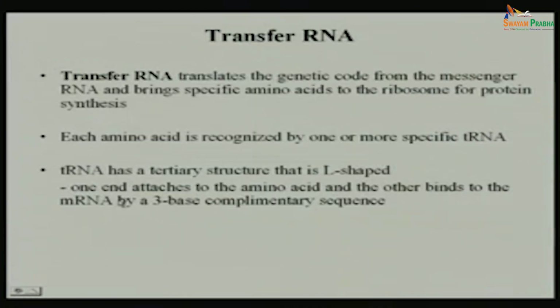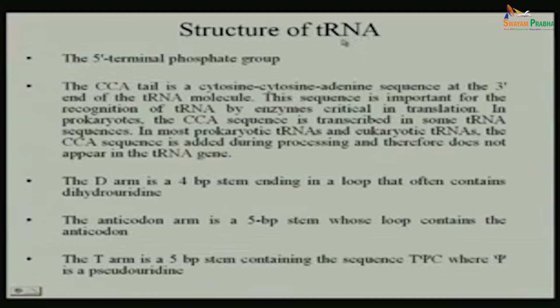One end is attached to the amino acid and the other binds to the messenger RNA by the 3-base complementary sequence. If we see the structure of tRNA, it has a 5' terminal phosphate group.